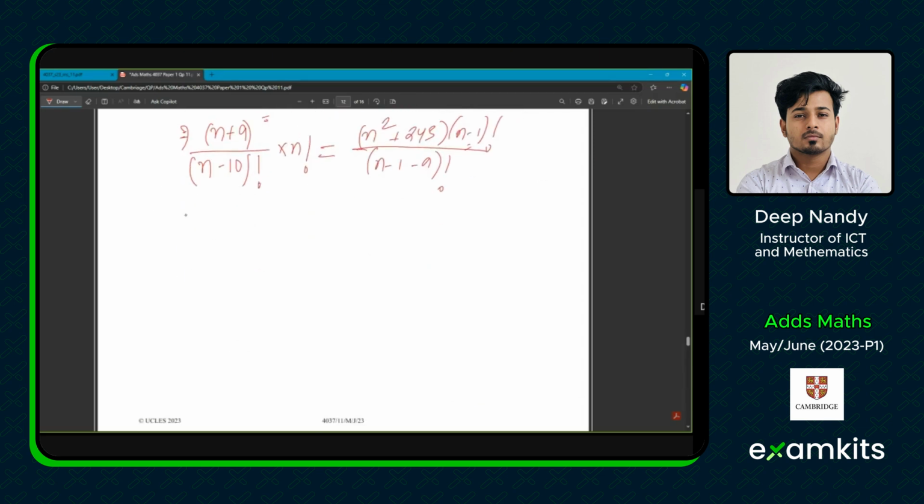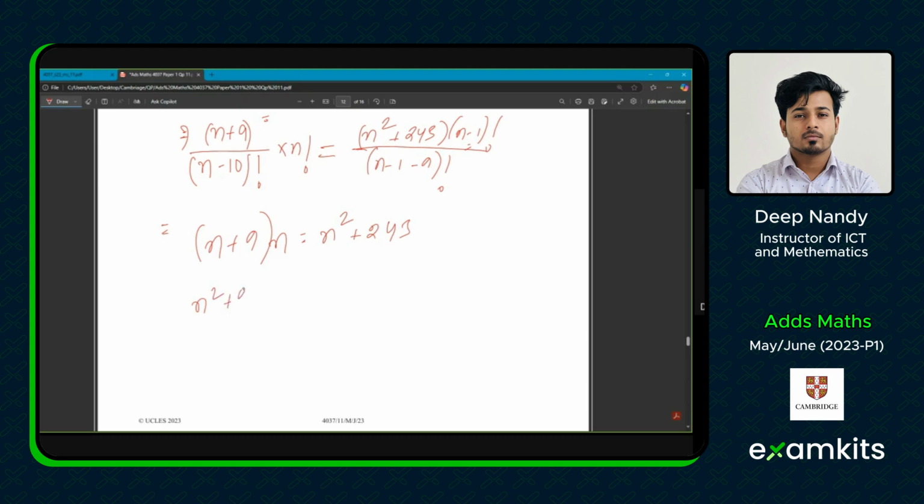Solving it down, the other things get crossed out because they're the same and we don't know the factorial values. So n plus 9 times n equals n squared plus 243.